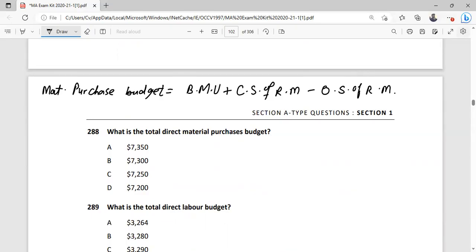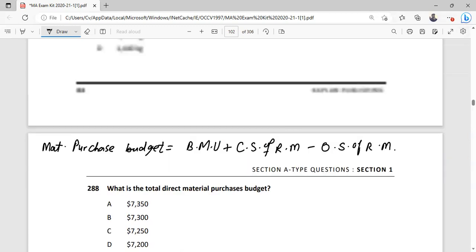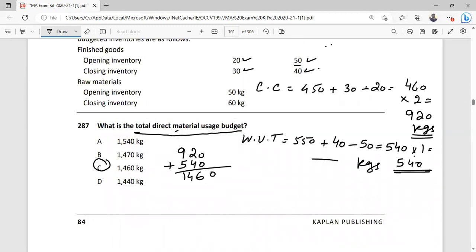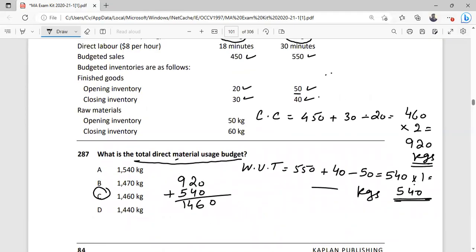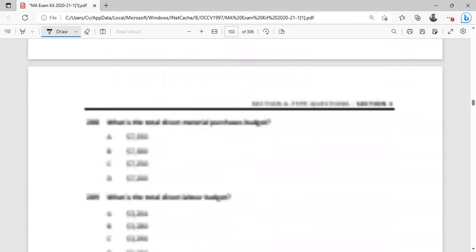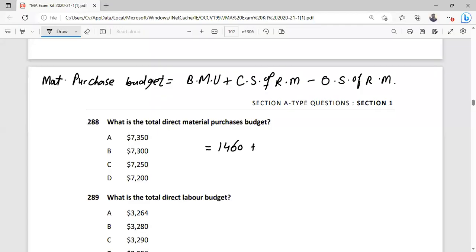So we have already determined budgeted material usage for both the products, 920 and 540, and we are provided with the closing inventory and opening inventory as well. So the total material usage is 1460 plus closing inventory of 50 minus opening inventory of 50.